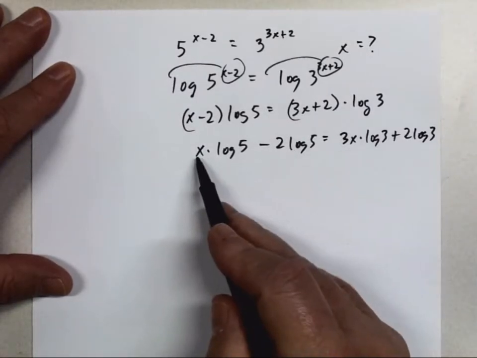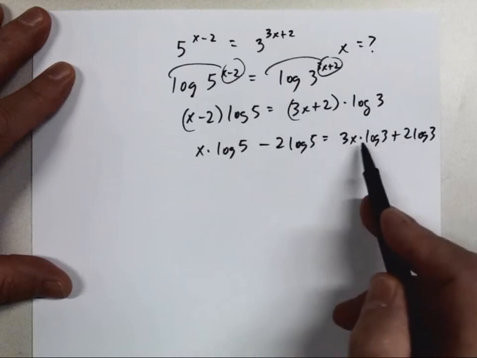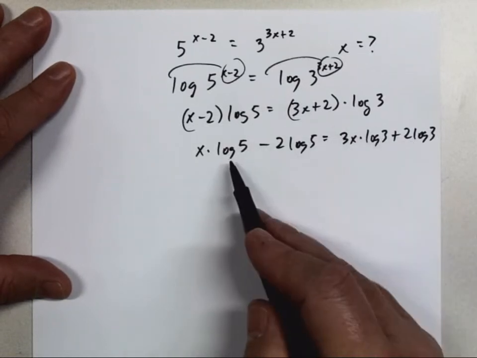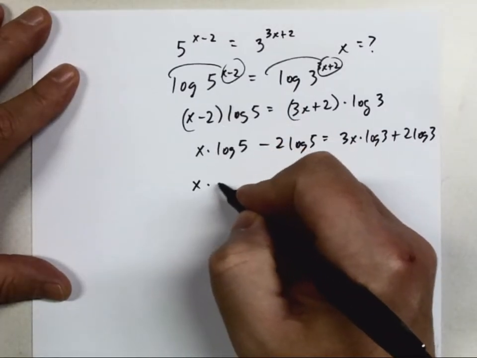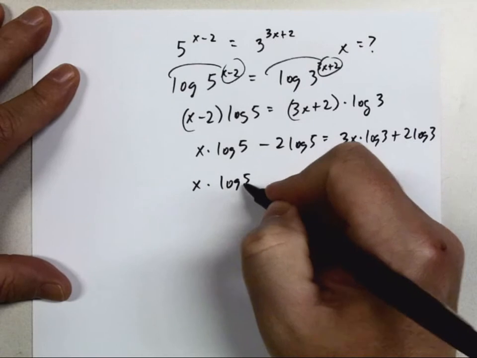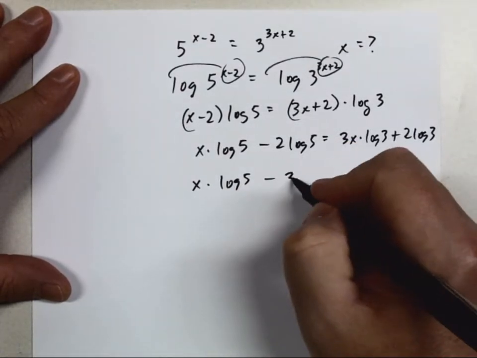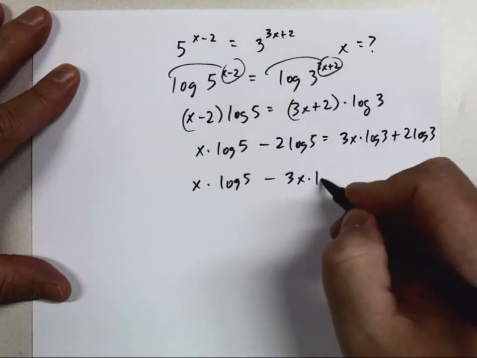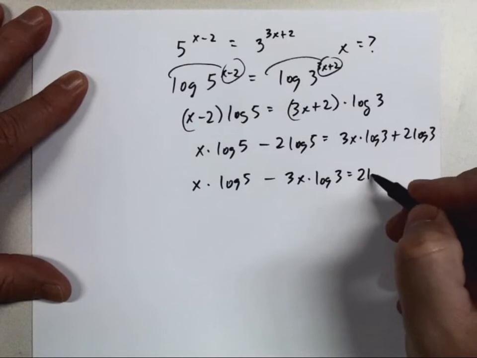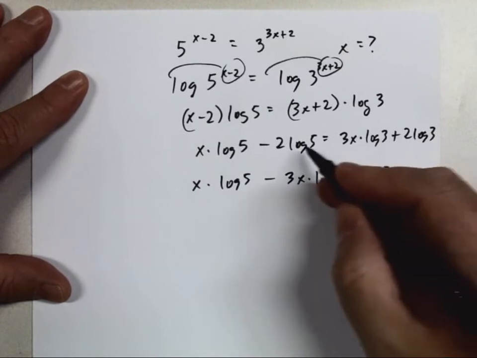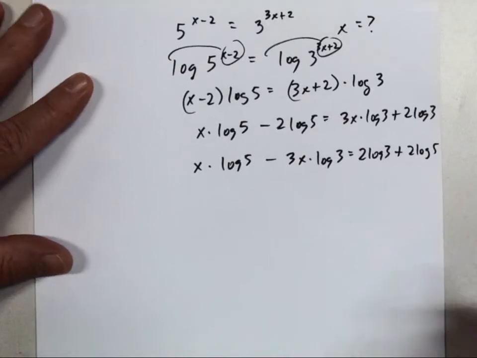So I've got 4 terms here. You notice these 2 terms have an x. These do not. Let's get all the terms with an x on the left-hand side. If there's not an x, move it to the right-hand side. So x log 5 minus 3x log 3 equals 2 log 3 plus 2 log 5.